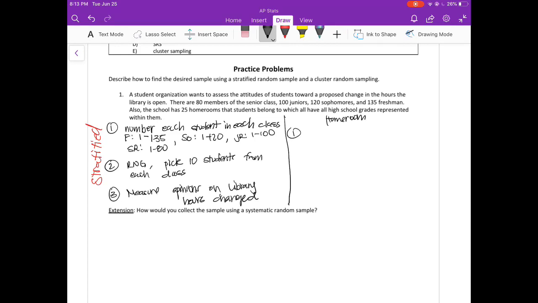So for number 1, our first step is that we're going to number the homerooms from 1 to 25, and then using a random number generator. And again, it doesn't tell us how many students or how many homerooms, so we're just going to pick a random number to choose 2 homerooms. Okay, and then number 3 is the exact same thing from before.